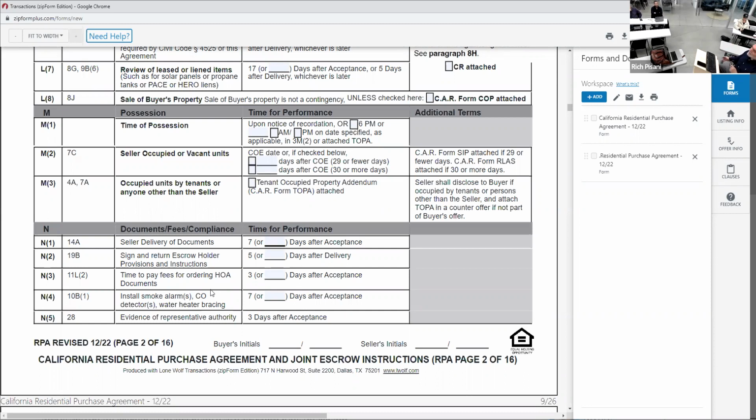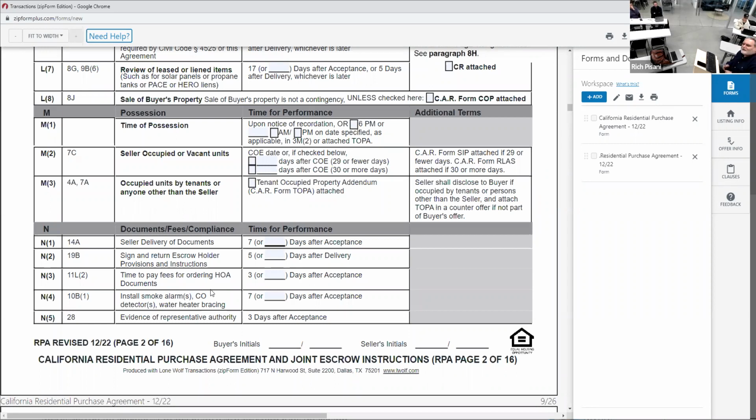They come with sticky stuff, and you can stick it on the wall before the appraiser gets there, if it's not there, obviously. If it's there, you don't have to do anything. But there has to be one on each floor, and smoke detectors outside of each bedroom. So know what needs to be done, and obviously the water heater bracing. So make sure that this stuff is done.